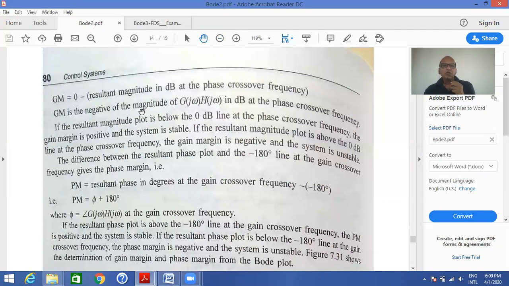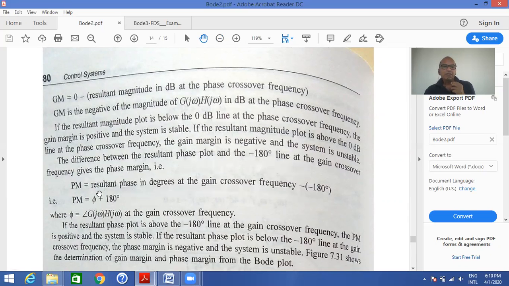That is, GM is the negative of the magnitude in dB at the phase crossover frequency. PM is the difference between the resultant phase plot and the minus 180 degrees line at the gain crossover frequency. It gives the phase margin: PM equals the resultant phase in degrees at the gain crossover frequency minus minus 180 degrees, that is, phase plus 180 degrees.